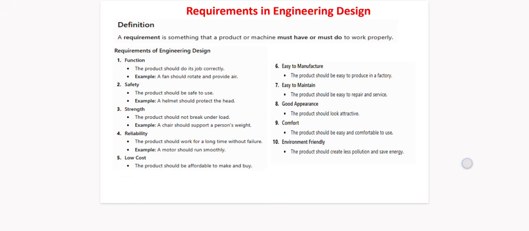The shaft should withstand the applied torque. The shaft should have sufficient fatigue strength. The shaft diameter should fit inside the available space. The material should be suitable for manufacturing. The cost should be economical.